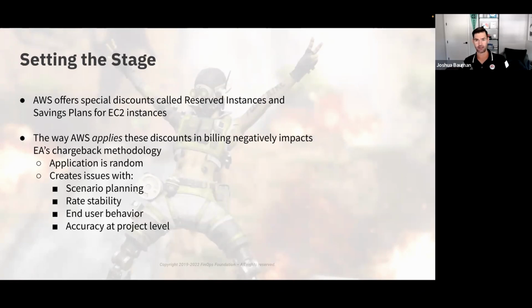And yet, if they went to a new instance size or changed their plans, then it left me holding the bag as the centralized group, not being able to understand where I'm going to apply those RIs to a different place. And again, the final point there was accuracy at a project level. I was then not able to have the same rate across every single project throughout the entire company.